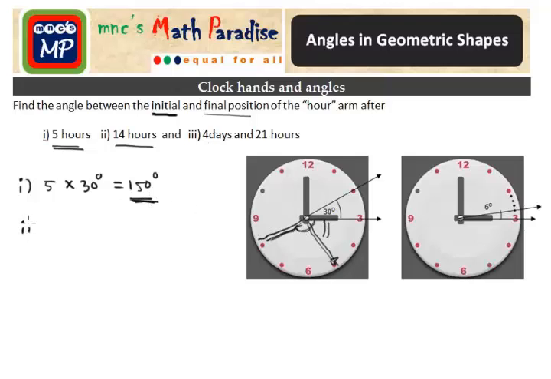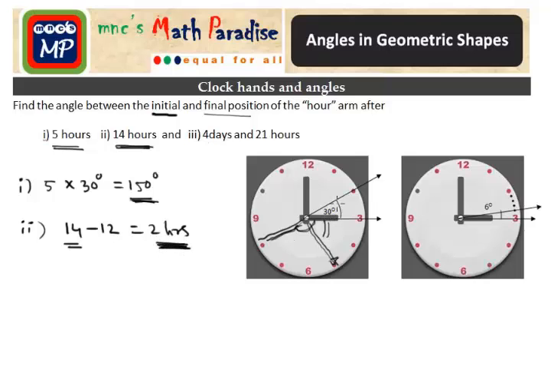For the second case, 14 hours is greater than 12 hours. So we will subtract 12 from it, and we get 2 hours. For 14 hours, after 12 hours the hour clock will be in the same position, and then these 2 hours will move. So we just need to calculate the angle for 2 hours.